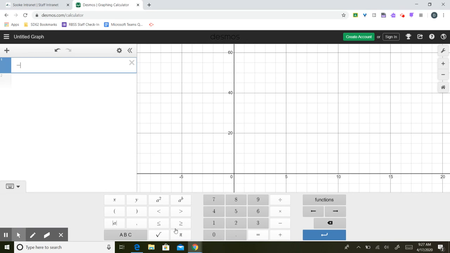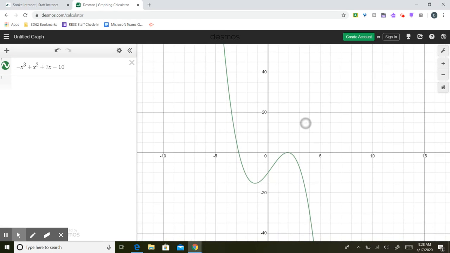So negative x to the power of 3 plus 4x squared plus 7x minus 10. So there's my graph, okay? You can see, I screwed that up.